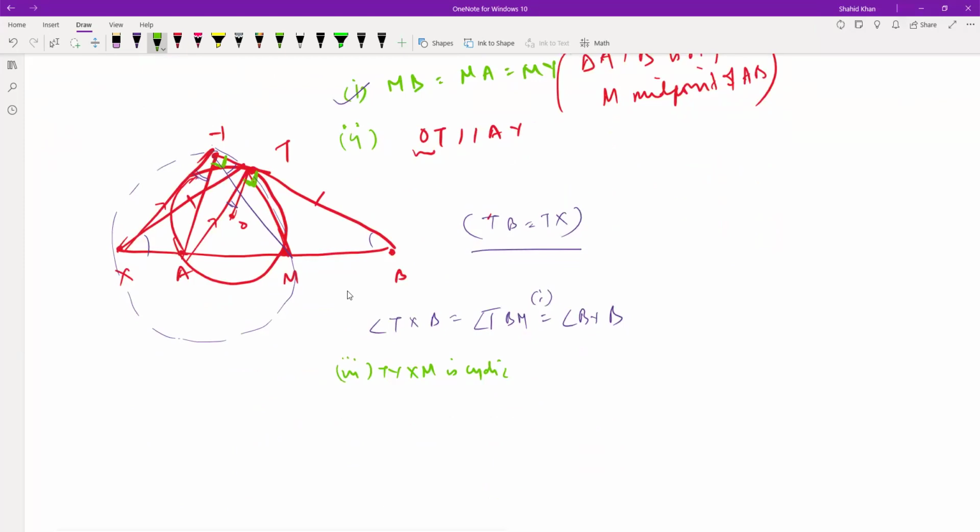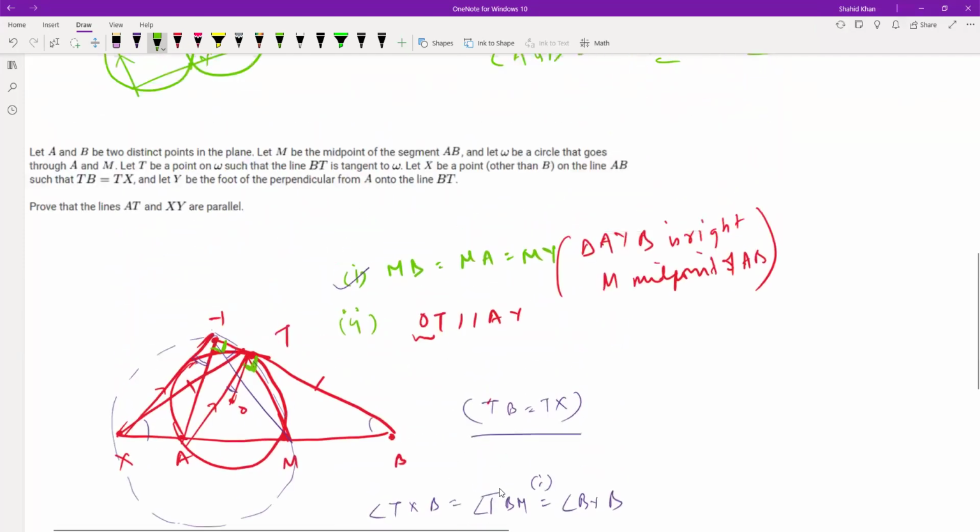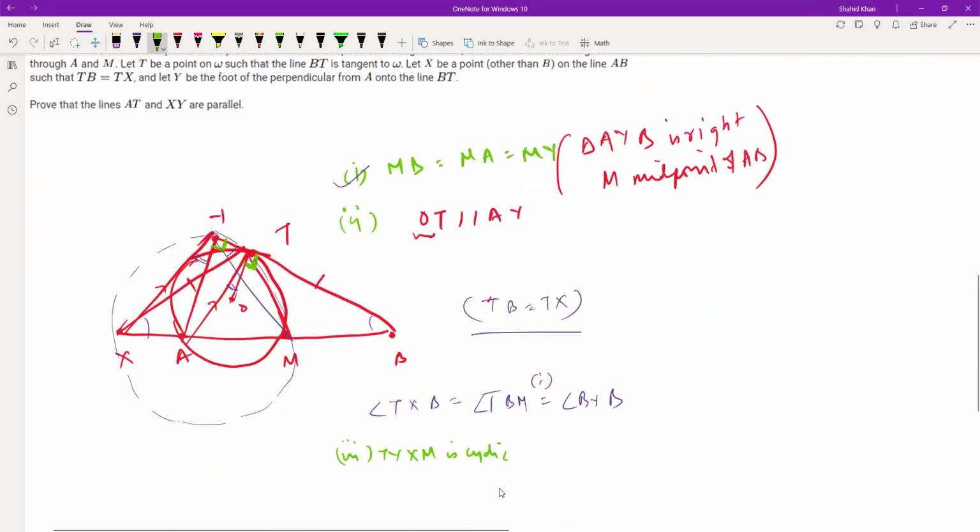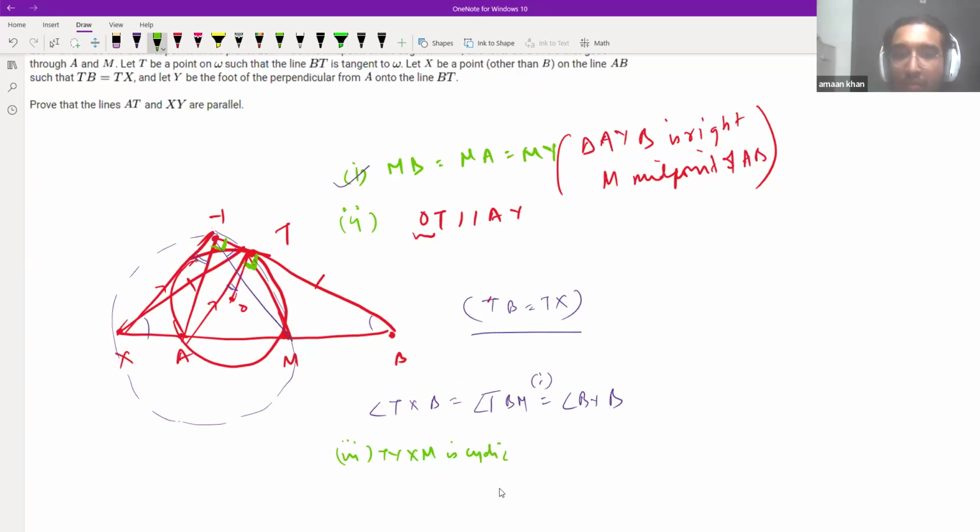Oh yeah, okay, sorry, my bad. I think I have a solution now. We need to prove corresponding angles are equal: YXA and TAM are equal. If we show this, then we are done.